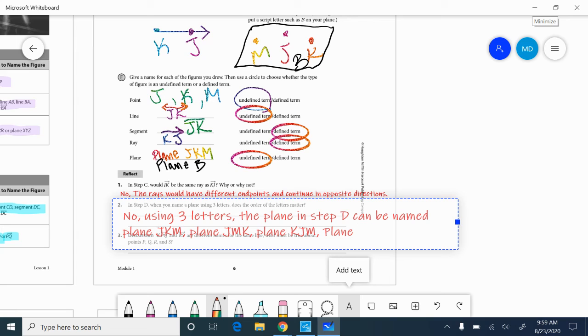I'm doing all the different possibilities, and they would all be okay to use as long as you include the 3 of them and you write them.